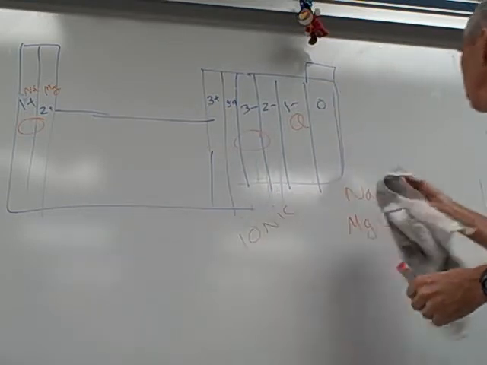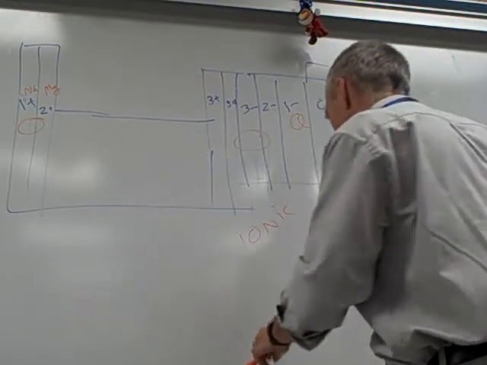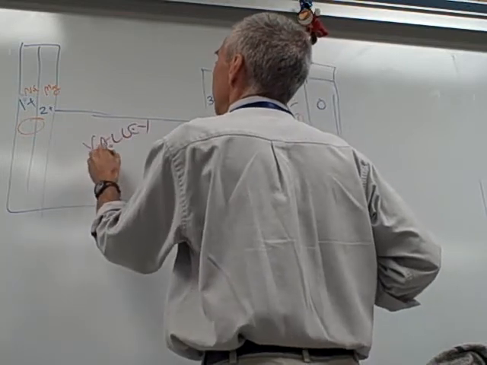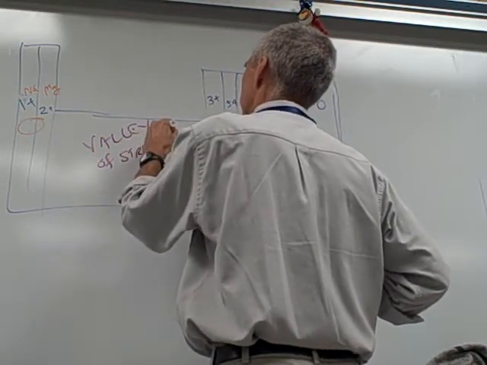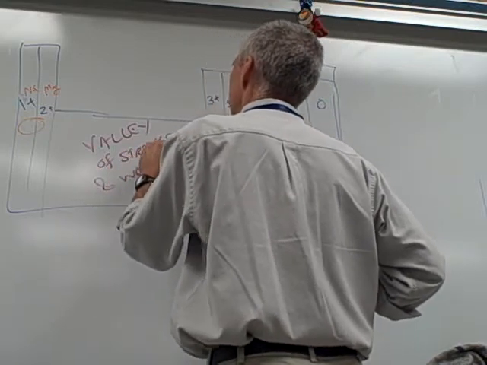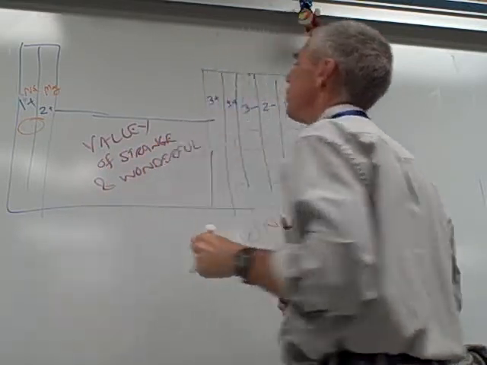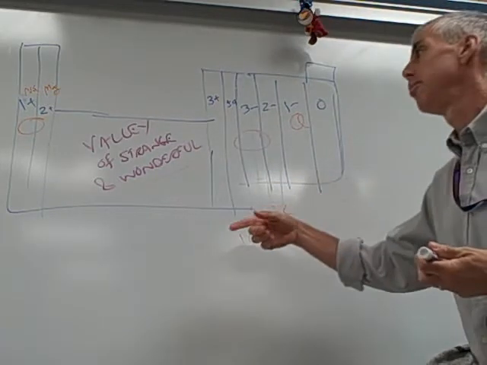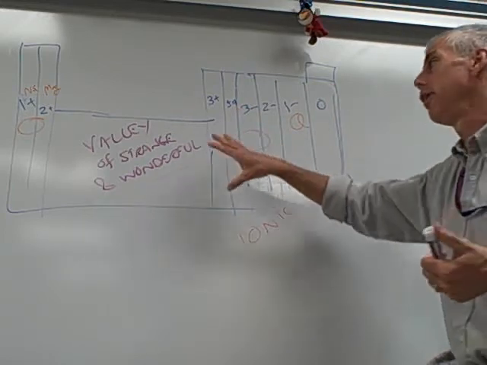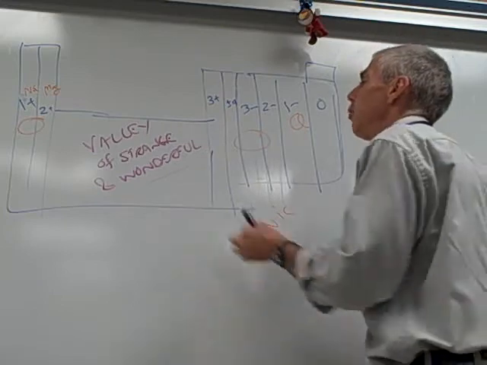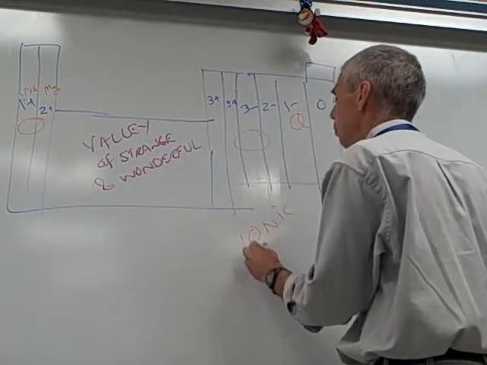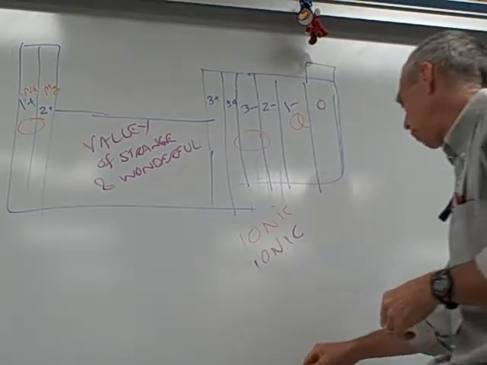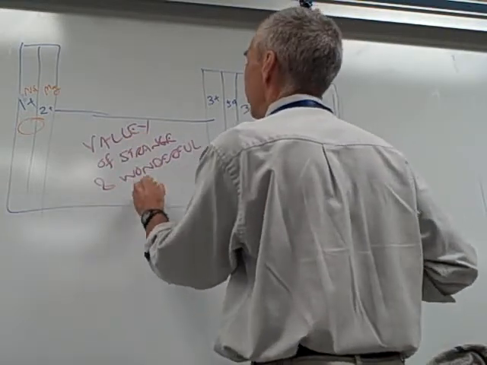Next one. If we talk about this valley here, that is the Valley of Strange and Wonderful Things. That's the official name. Why? Because they get a whole bunch of different charges. Later you'll learn that it's because of the D shells, but for right now, they get a whole bunch of different charges. So when they bond with something over here and make an ionic bond, we have to have a different naming system. Let's just pick one, iron.